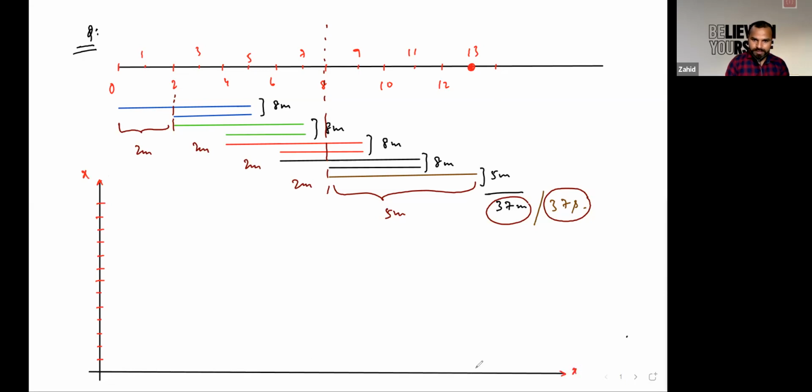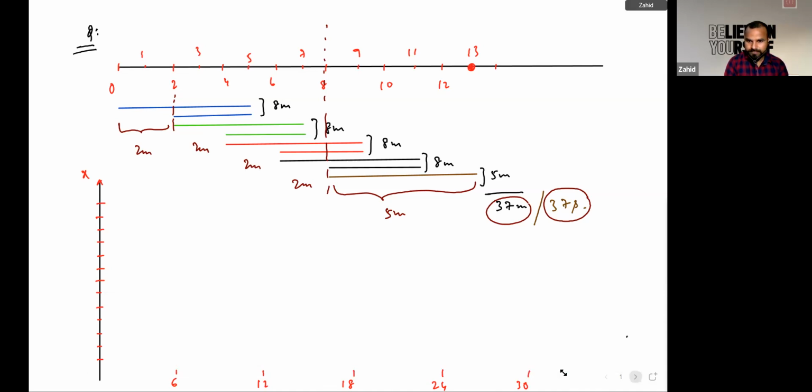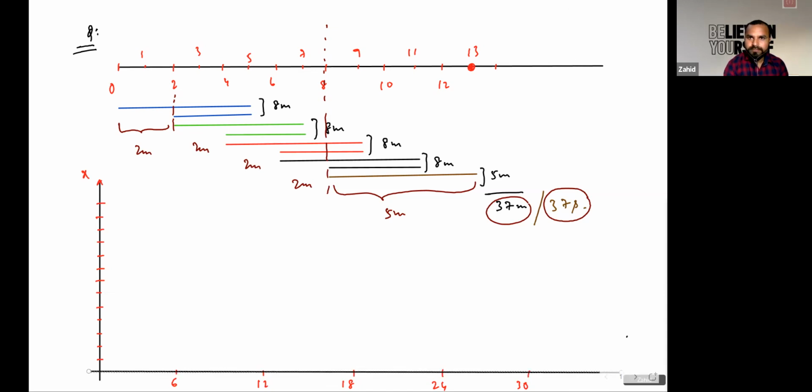X versus T. So time duration will be 5, 10, 15, 20, 6, 12, 18, 24, 30, and 36, 37.